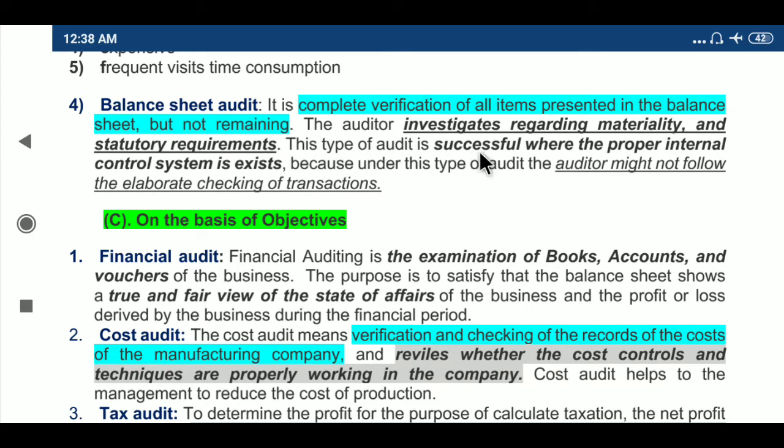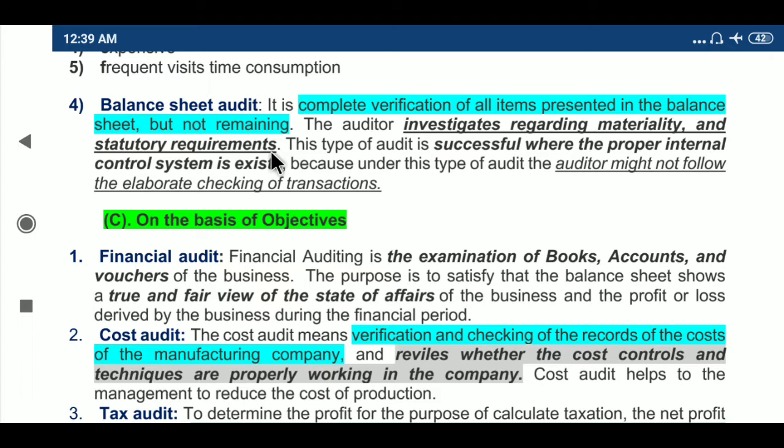This type of audit is successful where the proper internal control system exists, because under this type of audit, the auditor might not follow the elaborate checking of the transactions. So this audit is applicable when investigating materiality and statutory requirements.